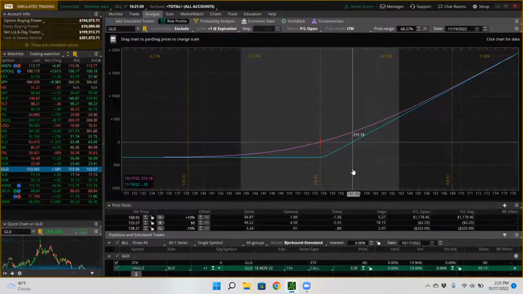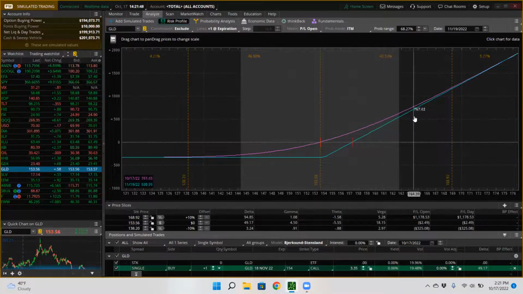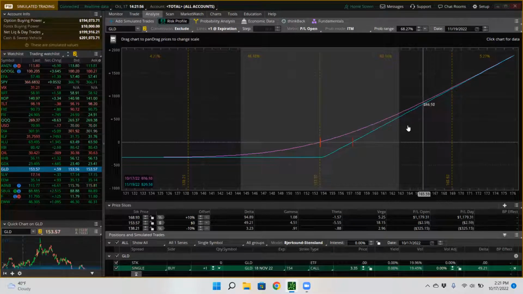So by the time this thing expires on November 19th, this underlying needs to move up above this line. You can see that as a single option buyer, if it were to have the magnitude or the velocity going forward, your profits could potentially be unlimited, right? That's what they always say, but there's always a limit.